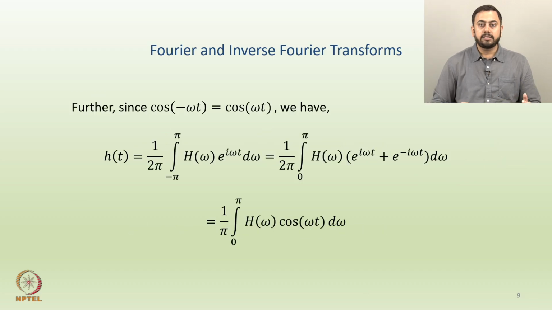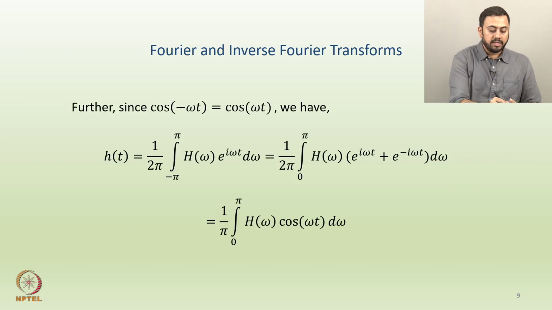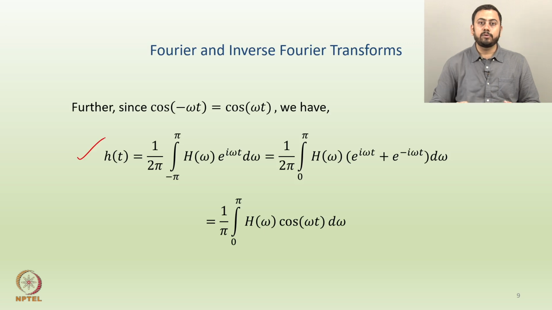Okay, so further, since you already know that cosine of minus omega t happens to be cosine of omega t, I can actually replace or reduce the inverse Fourier transform as follows. So, small h(t), which is nothing but the inverse Fourier transform, happens to be 1 by 2 pi integral from minus pi to pi the Fourier transform h(omega) e to the power i omega t d omega, which reduces to this.